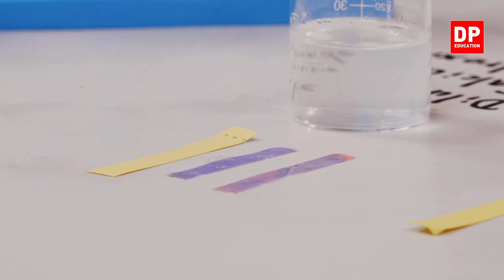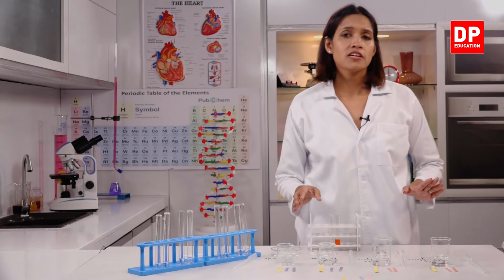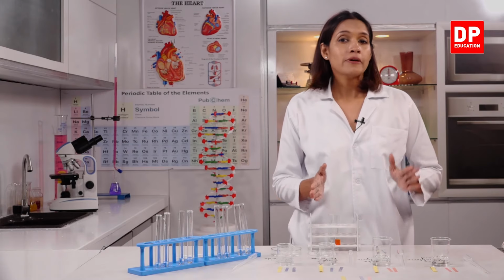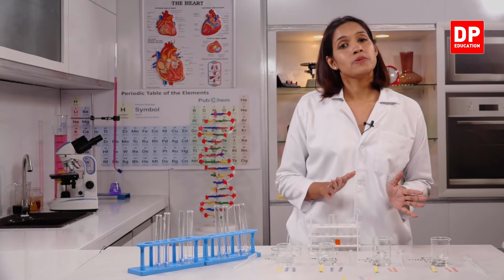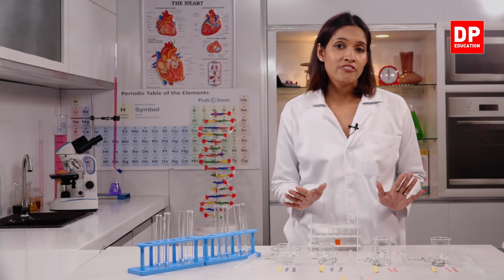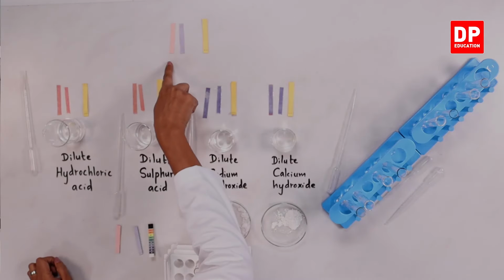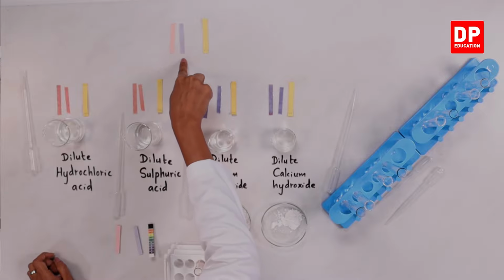Okay children, so we already discussed this litmus paper with acids and bases. You all learned earlier as well that the color of litmus paper in an acidic medium is always red, and the color of the litmus paper in a basic medium is always blue. So that is why you can see this is the initial color of the red litmus, and the initial color of the blue litmus.